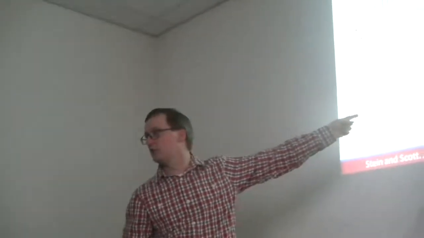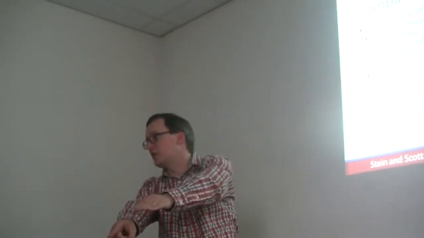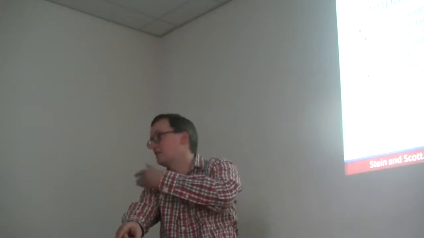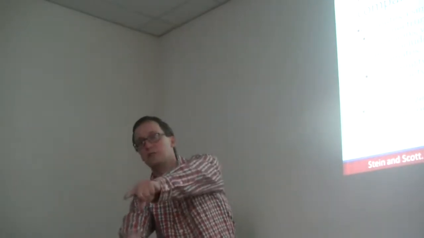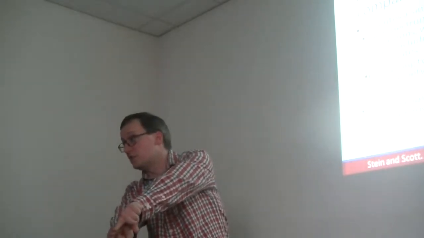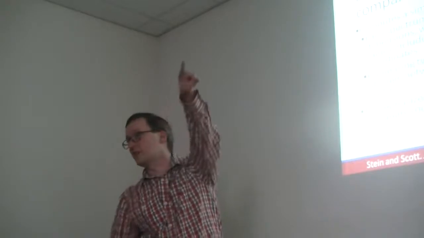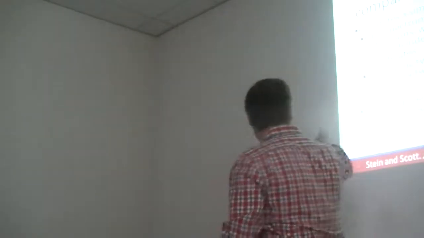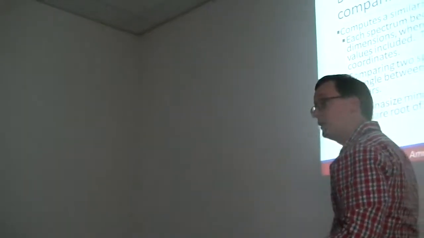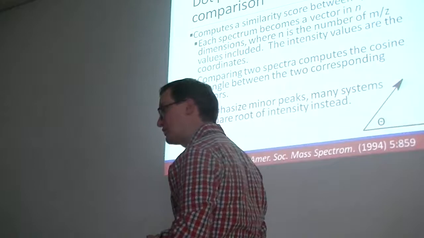So again, we ask, what is the angle between a pair of spectra, where each m over z value is a different dimension and the intensity for that m over z is the distance in that dimension? If the angle is near 0, we say these spectra are quite similar. If the angle is very large, we say these spectra are quite dissimilar. That's one of the most common routes used for asking whether a spectral library entry is the same as our experimental spectrum.